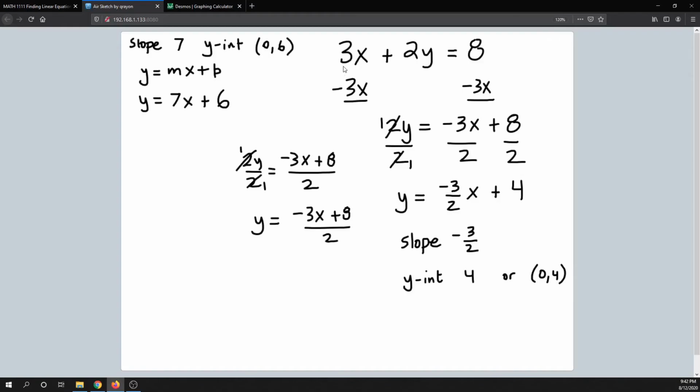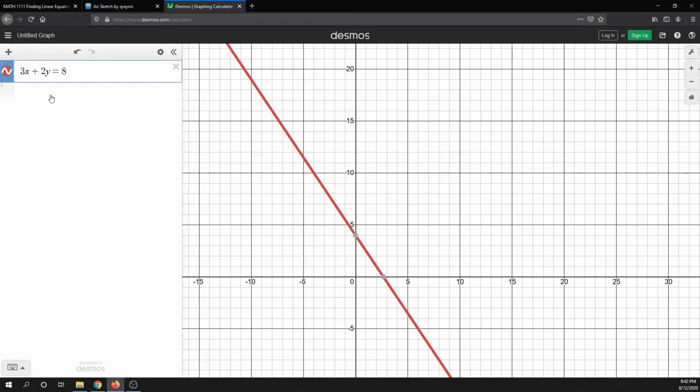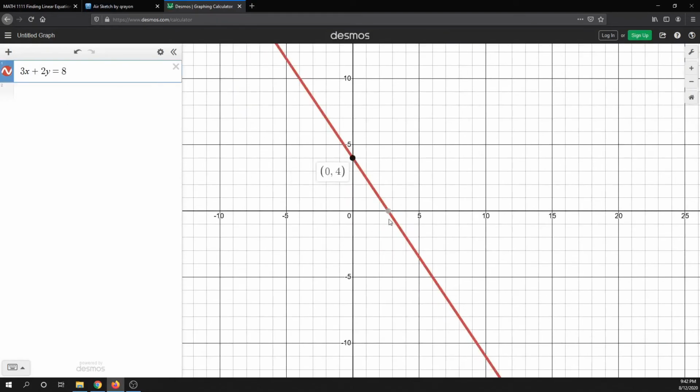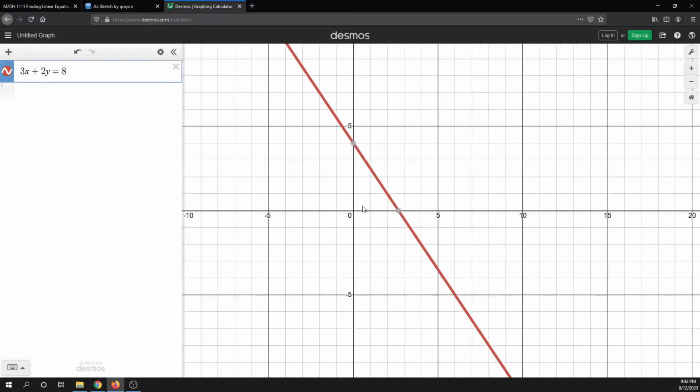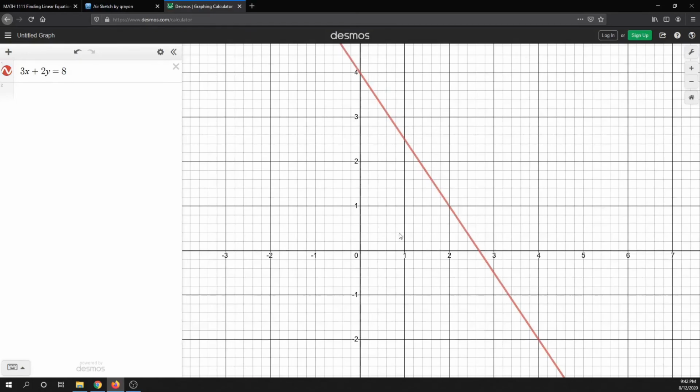All right, and again, we can graph this out and take a look at it. 3x plus 2y equals 8. Okay. And so we can see, hey, sure enough, right, the y-intercept is 0, 4. And then the slope, right, if I count down, let's see if I can get those numbers in there a little bit better, right?